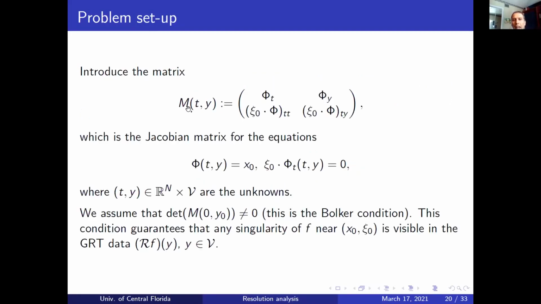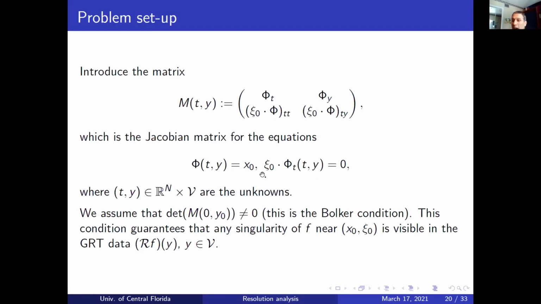Next, we introduce the following matrix M, which is actually the Jacobian matrix of the following system of two equations. The unknowns are t and y. The first equation says that the point x naught belongs to the surface S sub y. And the second equation says that xi naught is normal to S sub y at that point, at x naught.